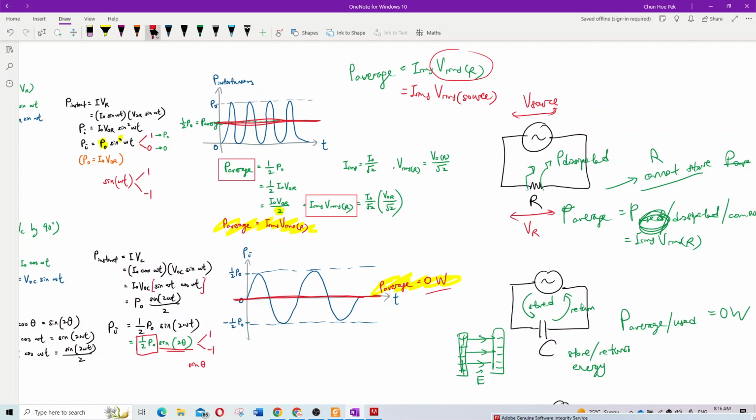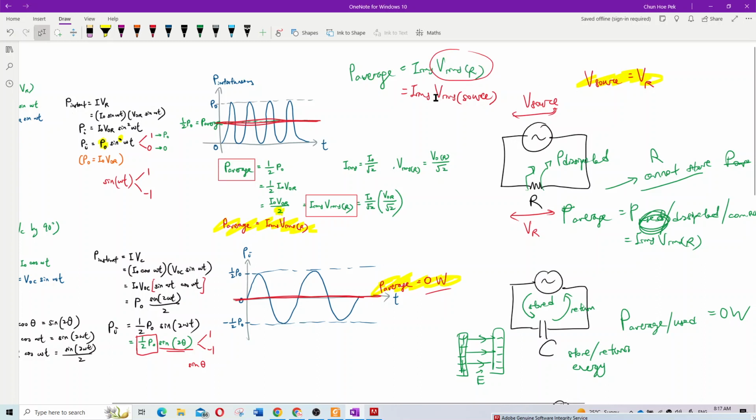Because this circuit only has a source and the resistor, V source is equal to VR.